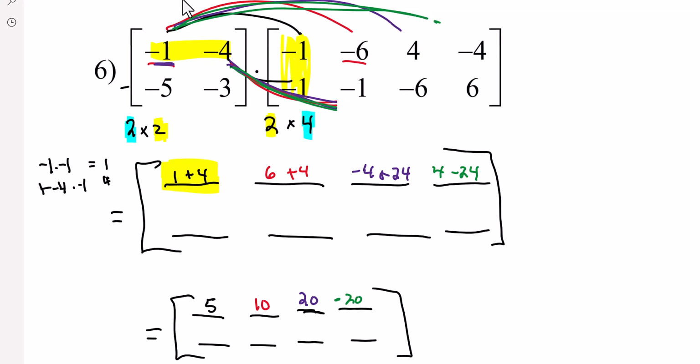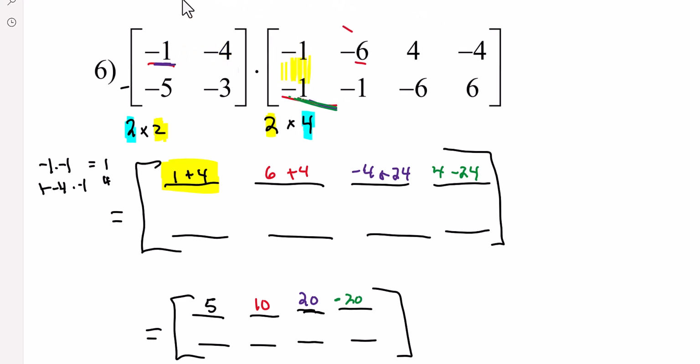Okay, now we're going to do the same thing, but we're going to do that with the lower row, to give us all the lower row numbers. So we start down here, and it's the same. Whoops, I should have done that in black.